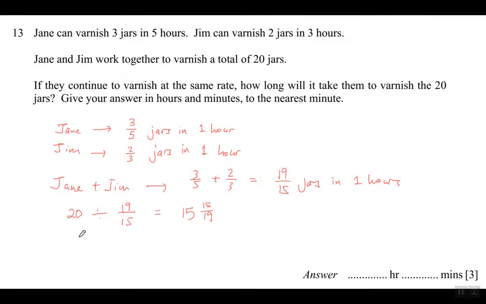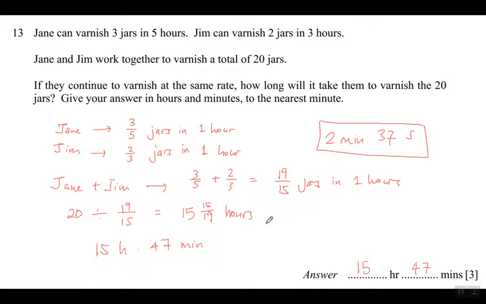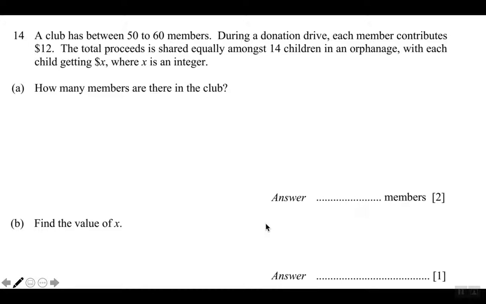Okay, so we know that there's 15 hours, and then 15 over 19 times 60 equals 47 minutes to the nearest minute. So it's 15 hours 47 minutes. Okay, done. Stop. 2 minutes 37 seconds. Okay, next.